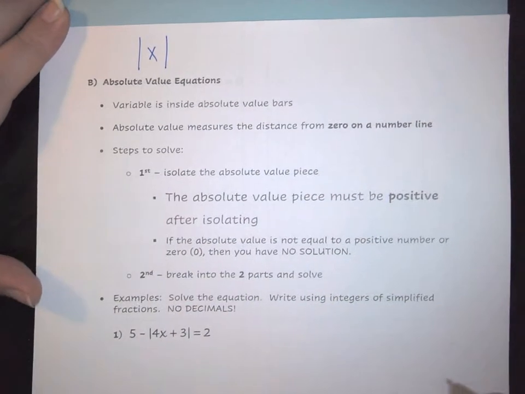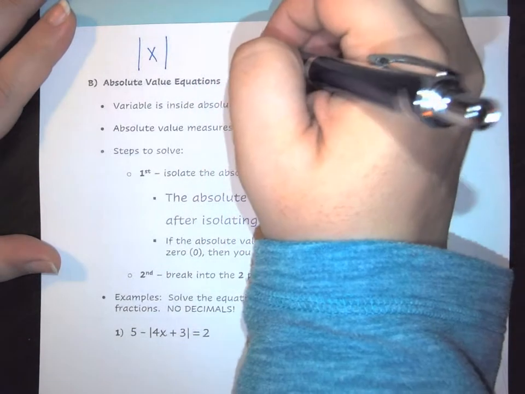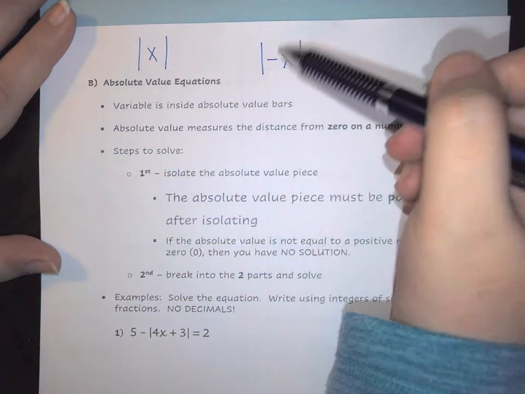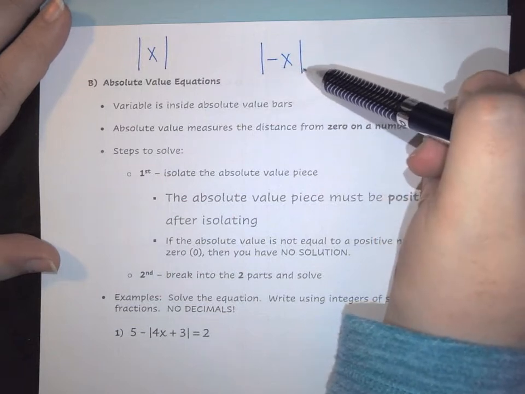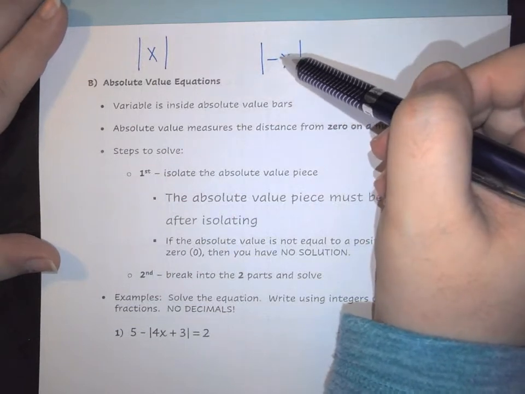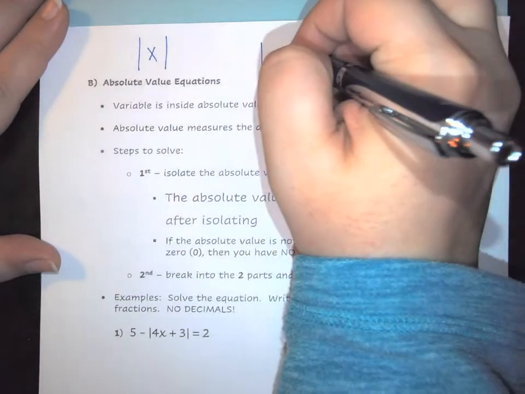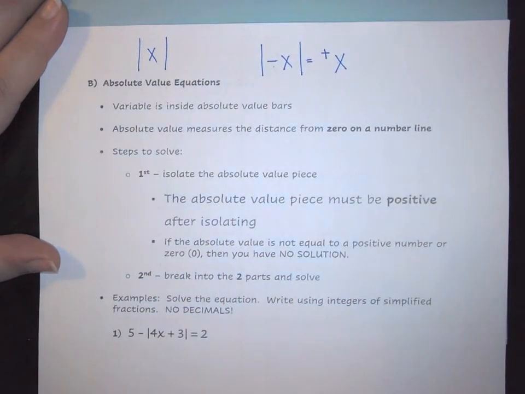So, for example, if I had a negative go in, once I apply the absolute value, you can think of it like the walls of a shower. Once you apply your shower, that negative goes away and leaves you with a positive of whatever that was.